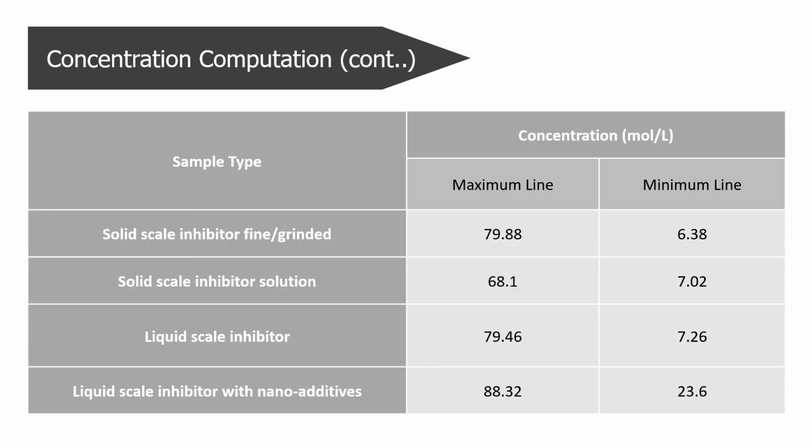From the data that has been computed, here are the tables for the concentration of each type of sample. Based on the concentration of scale inhibitor in residual water, the 4th sample, which is the liquid scale inhibitor with the nano additive, gives the highest concentration for both the peak maximum line and the minimum line.